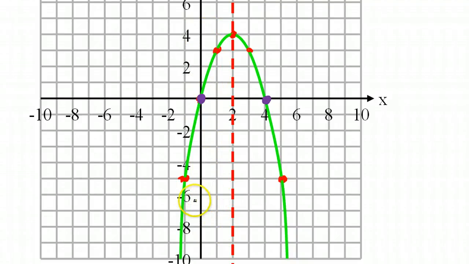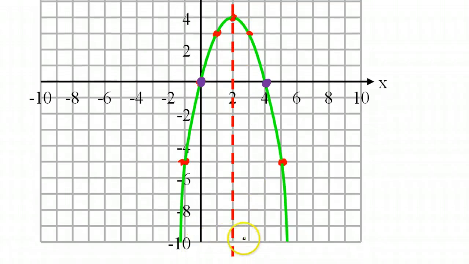How high does it go? Well, this is the maximum height right here. That's 4. So this graph goes from negative infinity to 4, and it has to be that order, bottom to top. It's got to be least to greatest. Okay, so the range was negative infinity to 4.